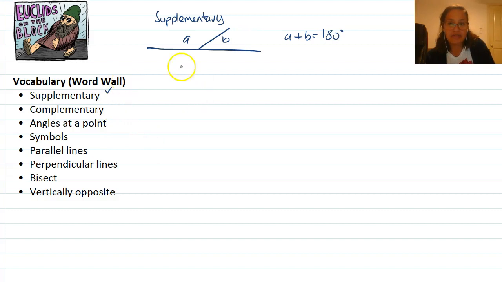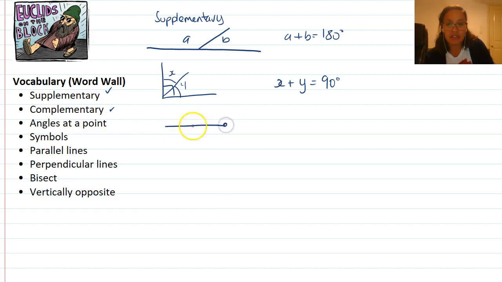So complementary, go figure, is two angles that add up to 90 degrees. So if this is angle X and angle Y, X plus Y equals 90 degrees. Angles on a point, I mentioned this in another video, is that if you have a point and you have all of these angles, let's call them A, B and C, then A plus B plus C equals 360.